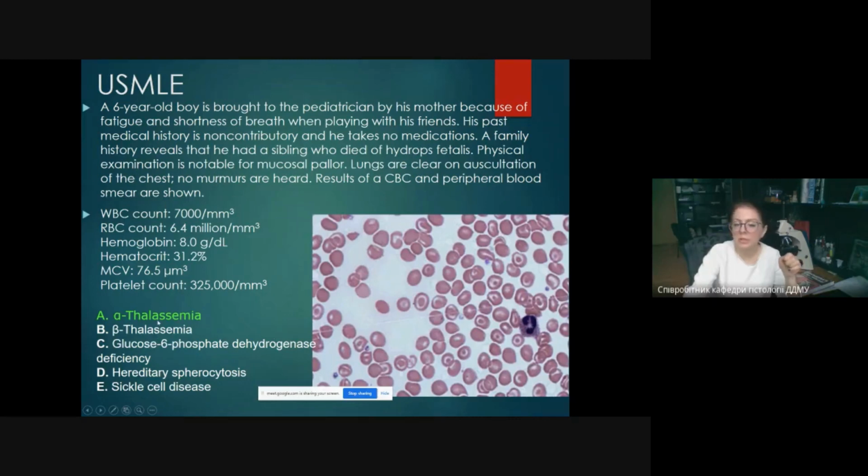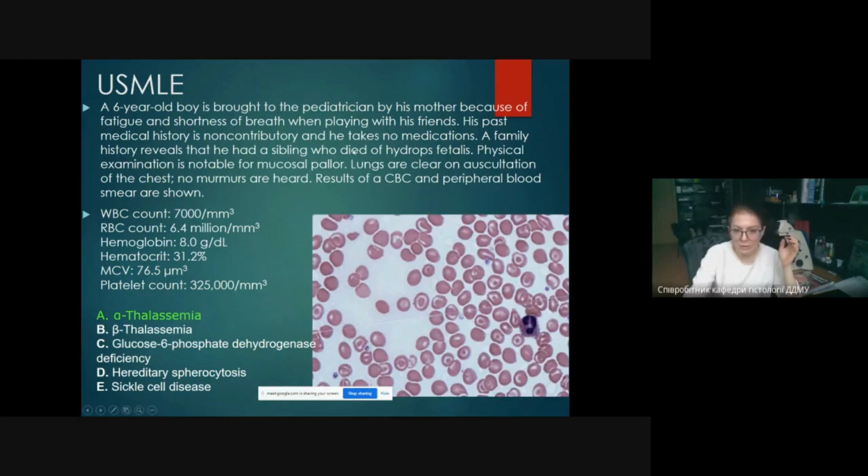So we understand that here thalassemia should be, and you should distinguish between the alpha and beta. And as in the condition of the task, it is given that a 6-year-old boy had a sibling who died of hydrops fetalis. And we suspect that alpha thalassemia might result in the preliminary death, and beta thalassemia is not so severe as alpha thalassemia.